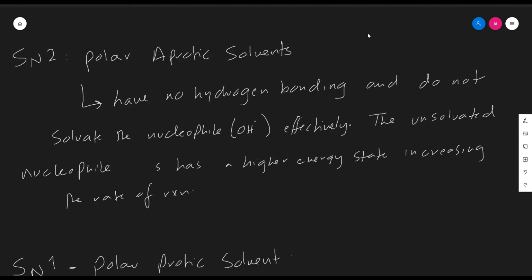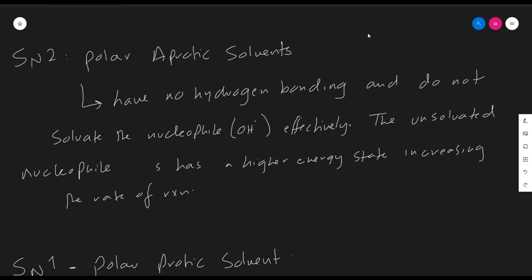The hydroxide nucleophile is stable and cannot attack the electron deficient carbon of the carbon halogen bond easily, since it's now solvated and in a lower energy state.